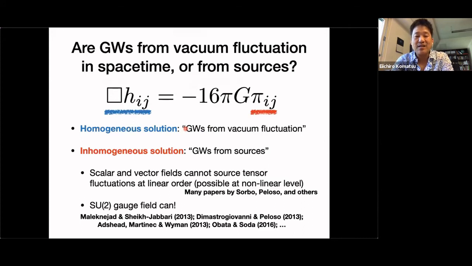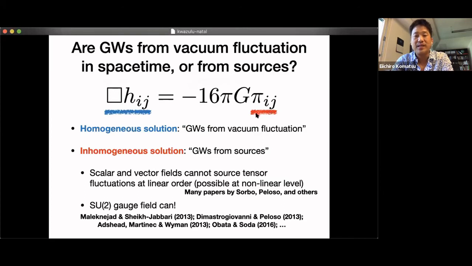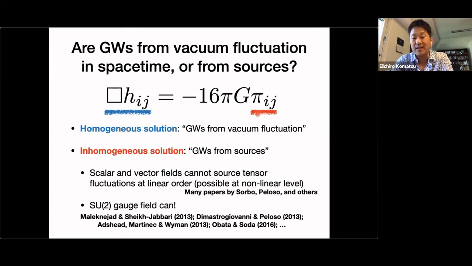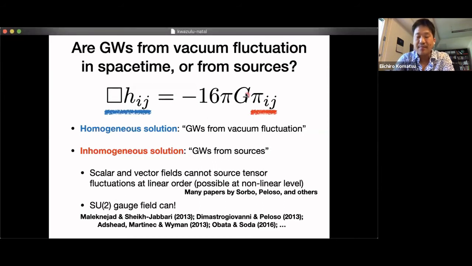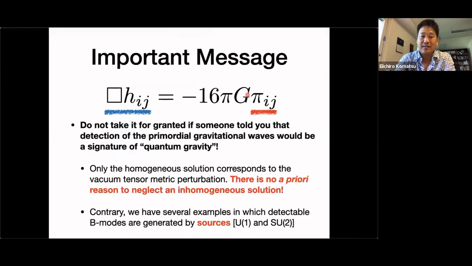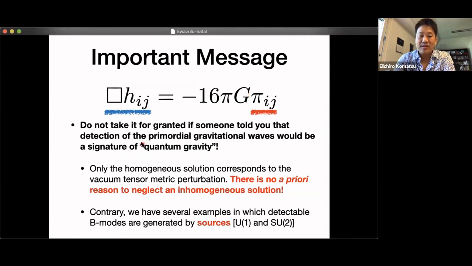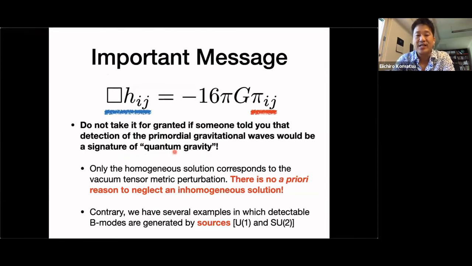So up until very, very recently, the right-hand side has been completely ignored by researchers studying gravitational wave production from inflation. But now, we are paying much more attention to this. And in fact, don't believe anyone if they tell you that detection of gravitational waves will be a signature of quantum gravity.